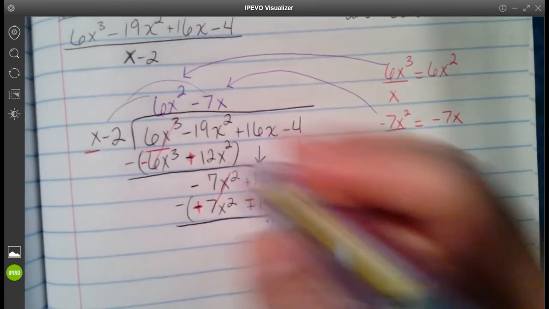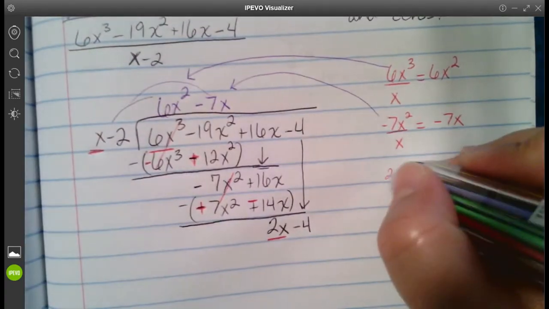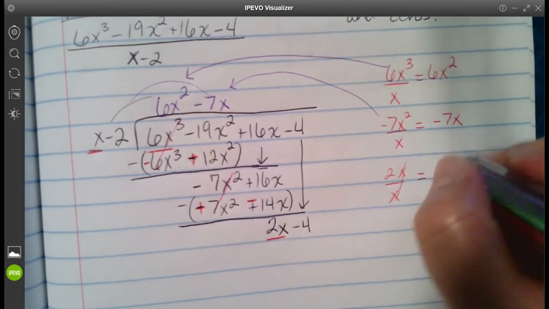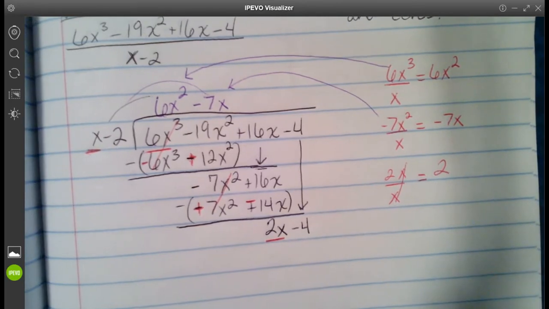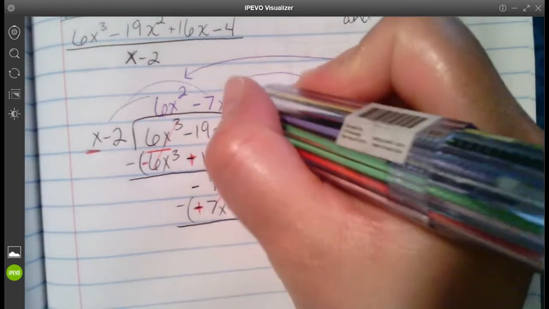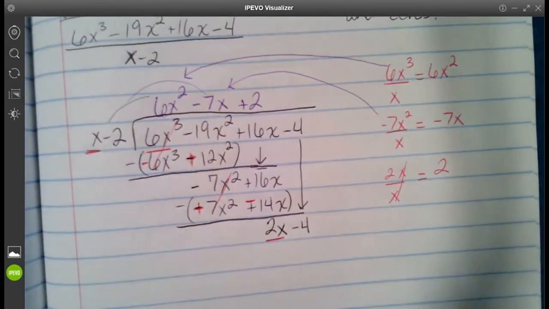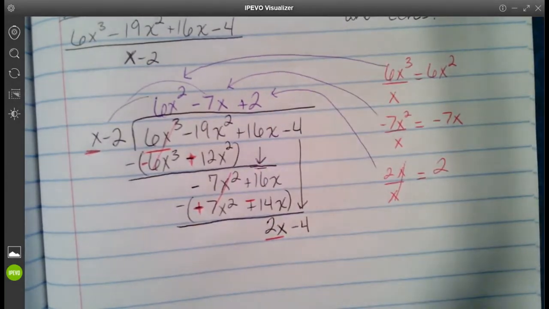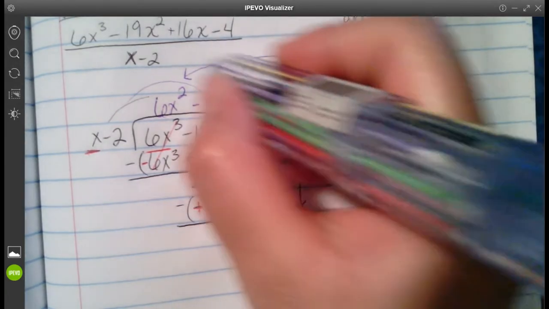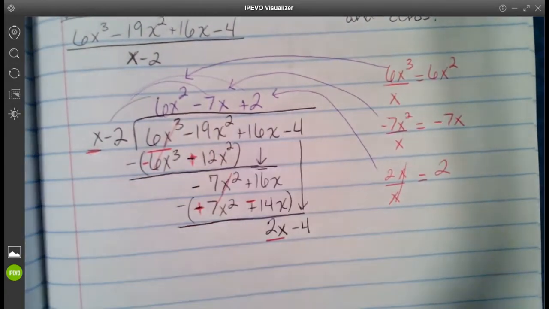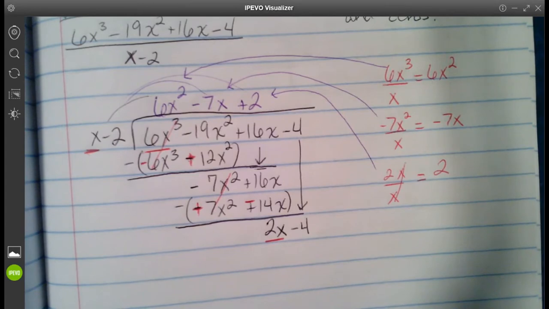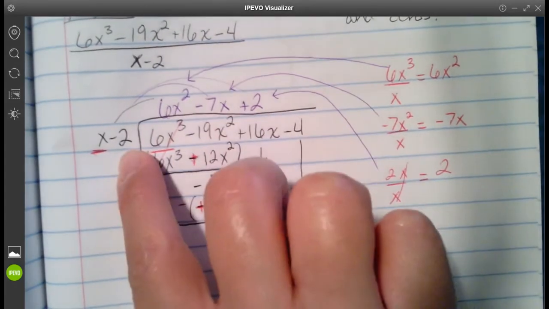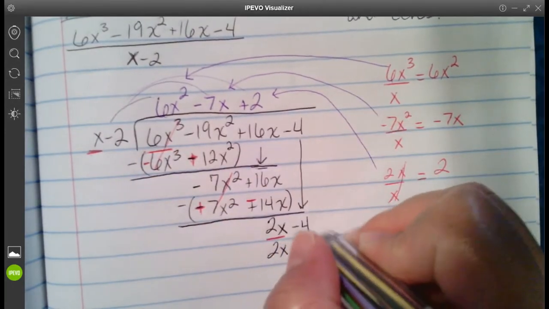So 2x divided by x. Again, we need the side work. Here it is. It's just going to be 2. Okay, so positive 2 goes over here on the end, and that's coming from right here. And then we multiply. 2 times x is going to be 2x. 2 times negative 2 is going to be negative 4.